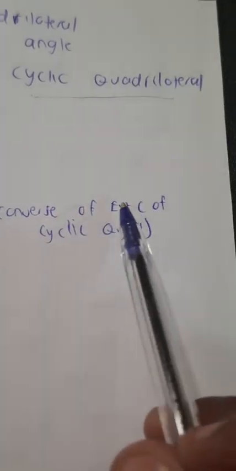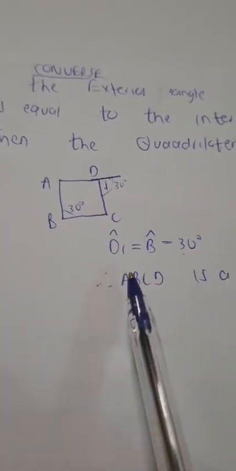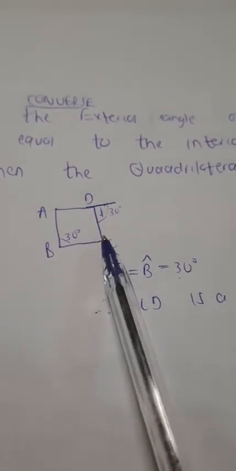What is the reason? Simply this: converse of exterior angle of cyclic quad. We use this particular theorem to prove that a certain quadrilateral is not just a quad, but it is a cyclic quad.